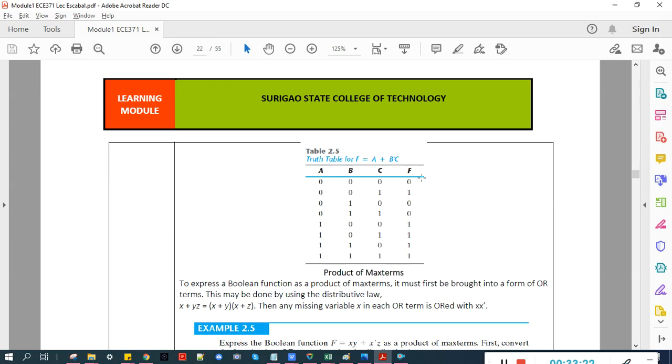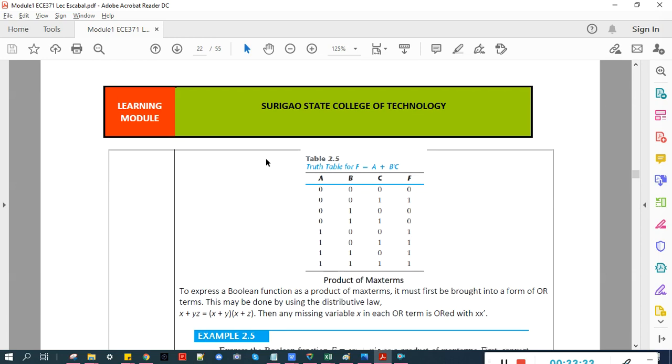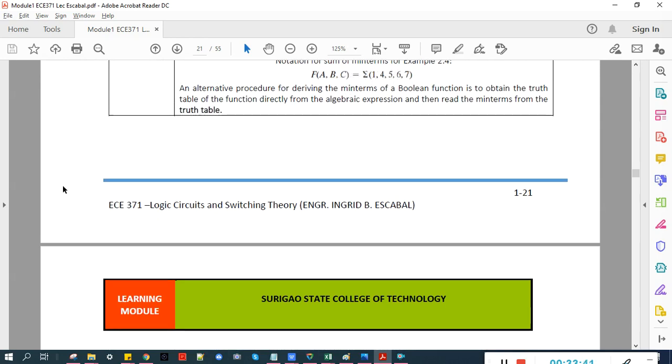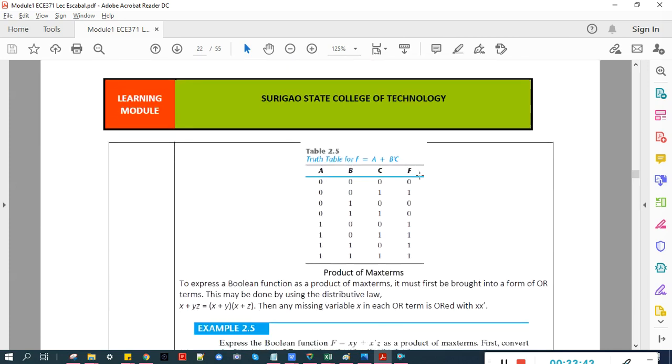Therefore, F of ABC is equal to the sum of the minterms 1, 4, 5, 6, 7, the same as this one. And again, we obtain the truth table values by substituting the set of inputs to the Boolean function or equation.